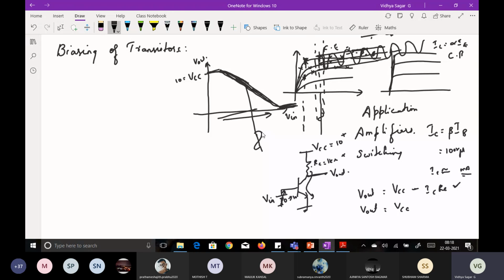Now if I'm applying a small signal here, just consider these are straight lines. I'm trying to draw a straight line. So you consider this. Is that clear?